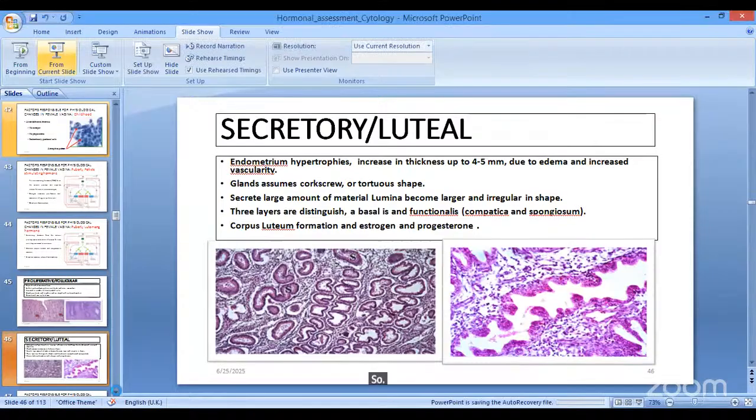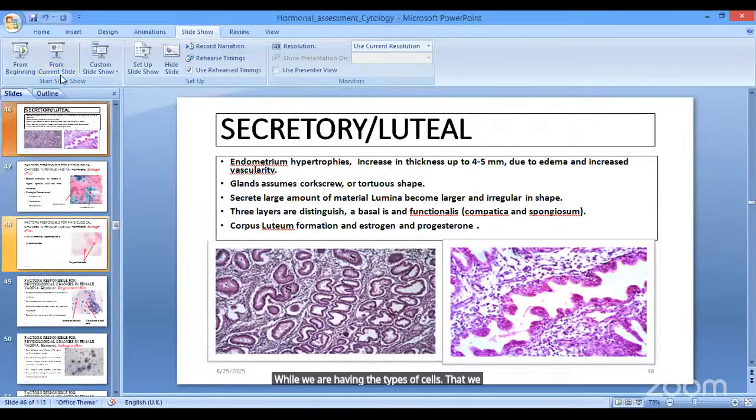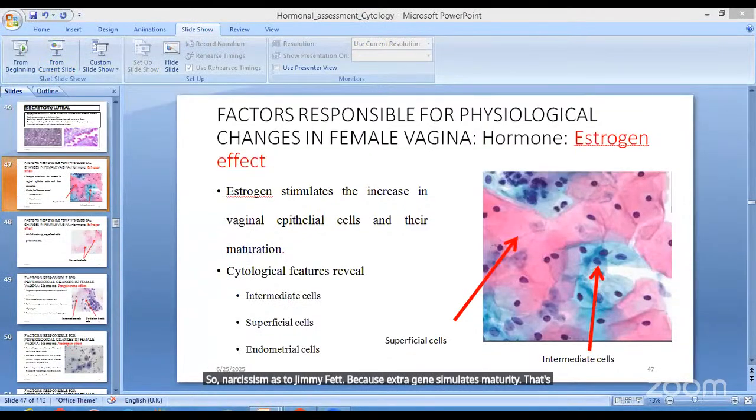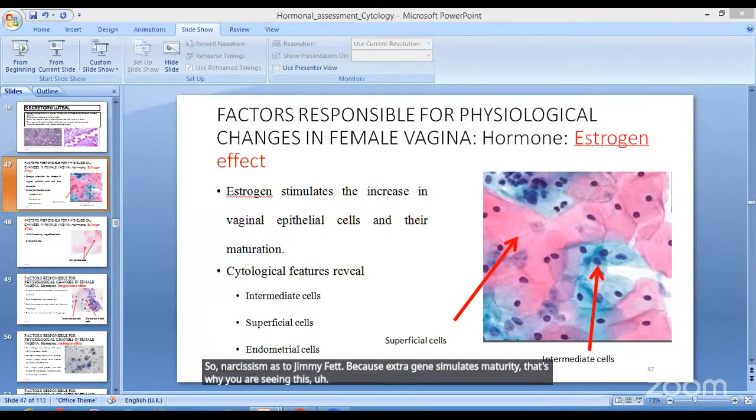So with that background, we'll continue, so you can understand better why the cytological features we are seeing are what they really are, why we are having the types of cells that we have spoken about and the ones we'll be talking about. So let's see some estrogen effects, because estrogen stimulates maturity. That's why you are seeing this on this slide.